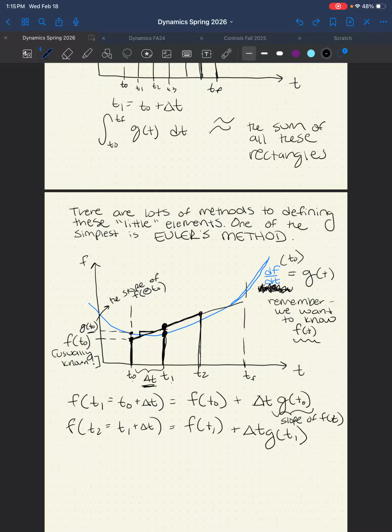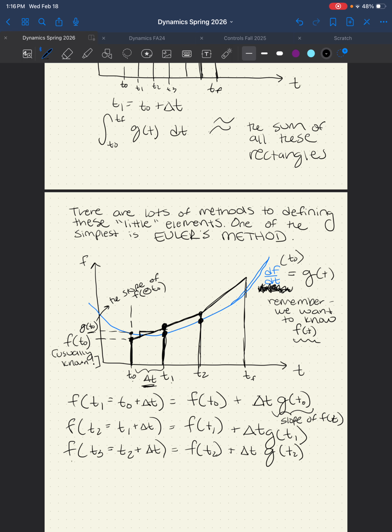Oh, that looks like it has a higher slope, so I should pretend that this has a higher slope. Something like this. Okay, so we say f of t3, which is equal to t2 plus delta t, equals f of t2 plus delta t times g of t2.